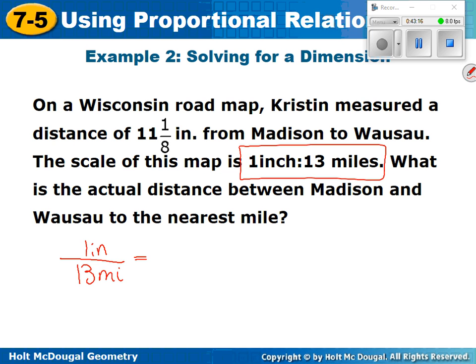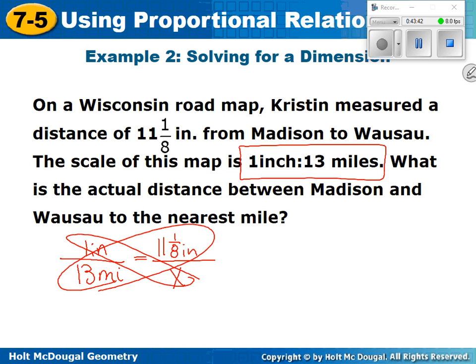On the map, what's the distance between the 2 cities? 11 1/8 inches. Keep your inches in the same location, so map to real life, map to real life. What does she want to know? She wants to know X, the distance in miles. And then we just cross multiply and solve.